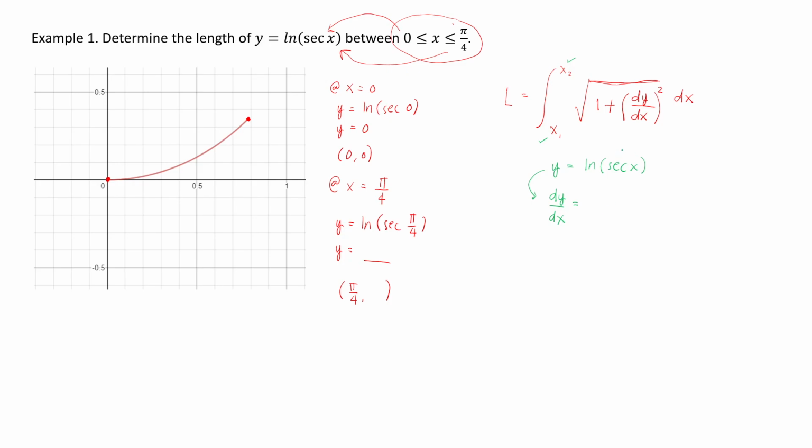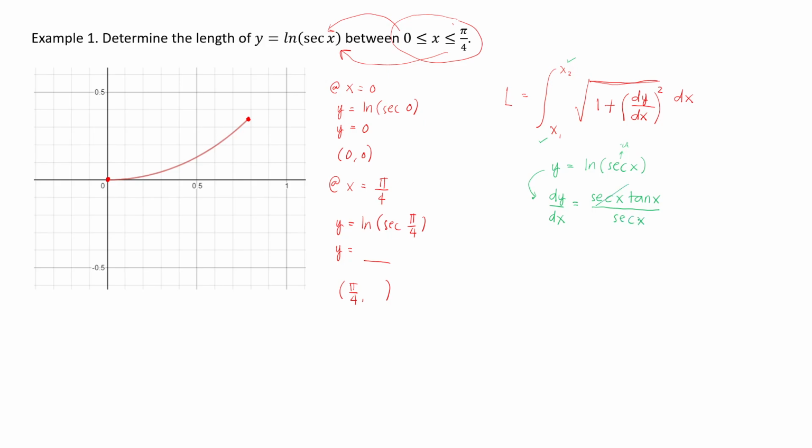The derivative of secant is secant x tangent x, and then divided by u, which is secant x.